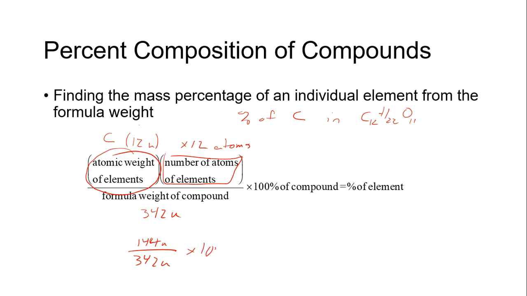Multiply that by 100%, and we get 144 divided by 342 times 100% gives you 42.1%. So 42.1% of C12H22O11 is made of carbon. And that's what we're talking about with the percent composition.